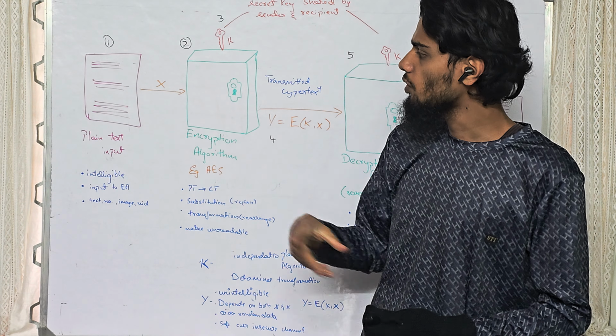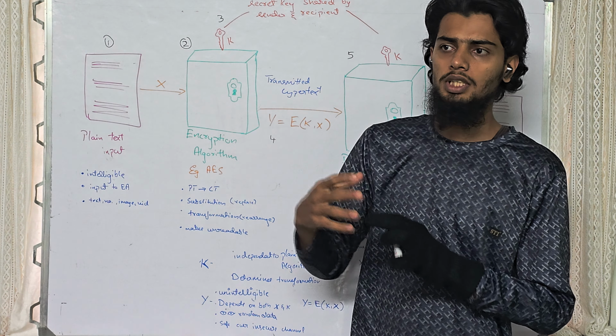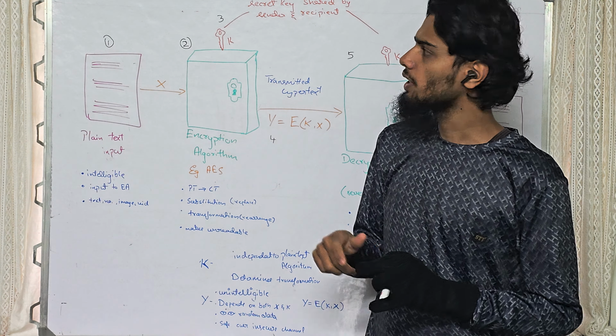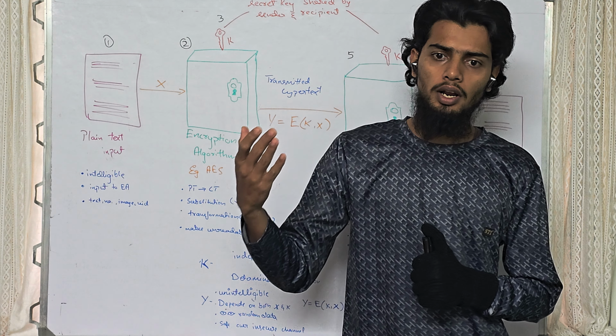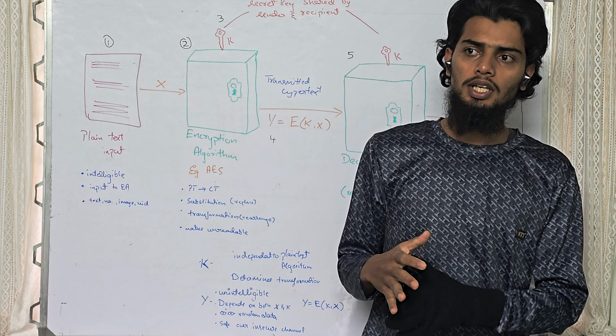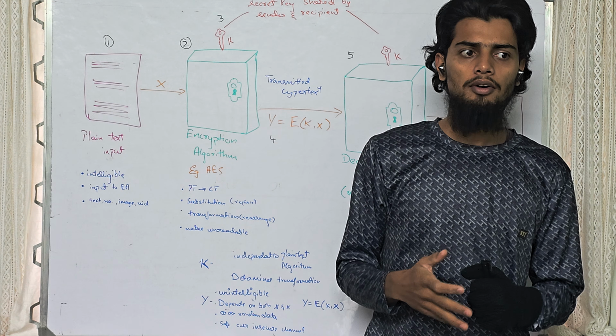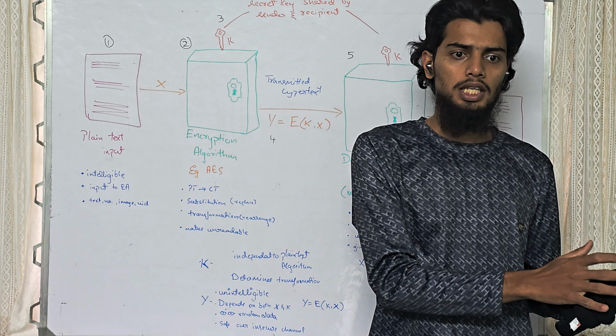First we will talk about what a plain text is. Plain text is nothing but the original message which we want to send to the receiver. When you talk about symmetric encryption, what do we describe it as? If you have to transmit a message to a friend securely, how will you do it? You have to do it in such a way that it's secured, locked, encrypted.